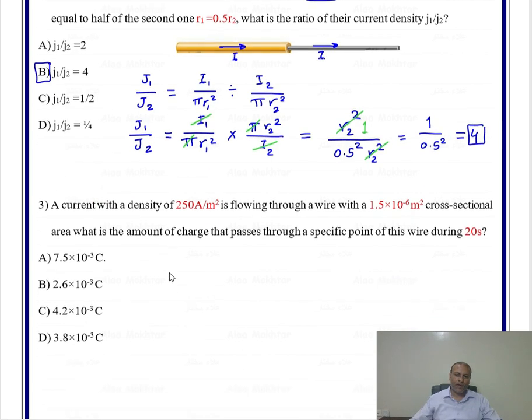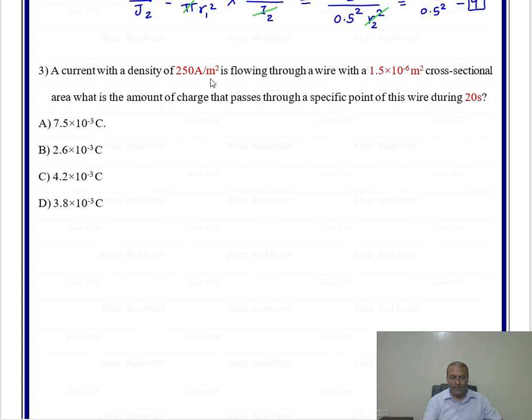Question number 3. A current with density J, 250, is flowing through a wire with 1.5 times 10 to the negative 6 meter square cross-sectional area. What is the amount of charge Q, measured in coulomb, passed through a specific point of this wire during 20 seconds?